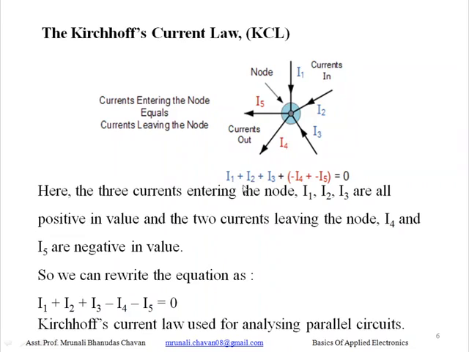So we can write the equation as I1 plus I2 plus I3 plus (minus I4 plus minus I5) is equal to 0, and we can rewrite it as I1 plus I2 plus I3 minus I4 minus I5 is equal to 0. This Kirchhoff's current law is used for analyzing parallel circuits.